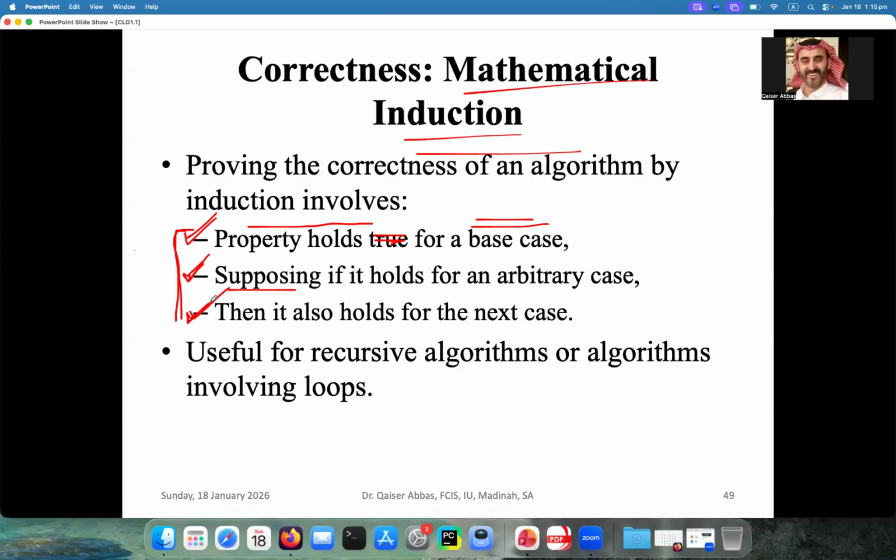But in step 3, you have to prove, by using your mathematical knowledge, that this theory is true for k plus 1. This is called mathematical induction. And you can use it especially for recursive algorithms, but you can also use it for loopy algorithms. Loopy algorithms are the algorithms in which you are using loops.